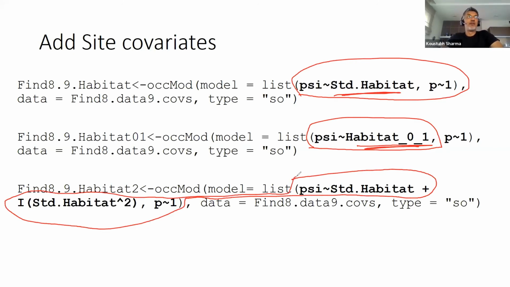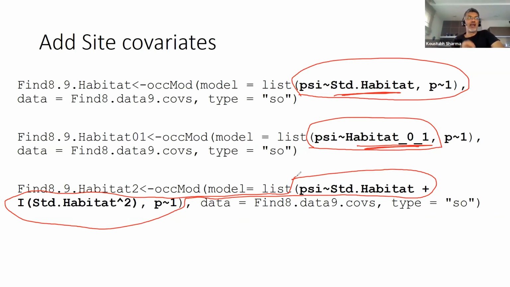What if the relationship with habitat type is non-linear, that 8 likes it, or 8 loves gray habitat? It seems to like a little bit of green, but when it's too green, it just doesn't like it, or the other way around.